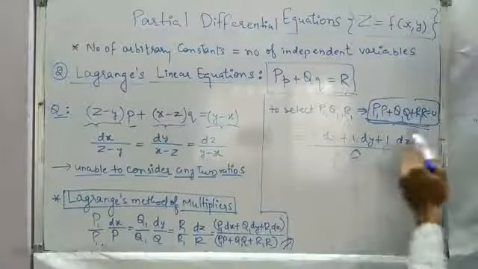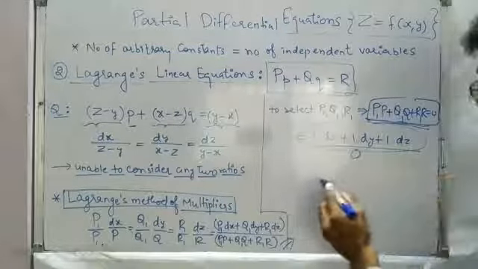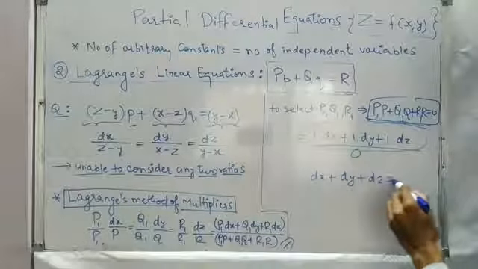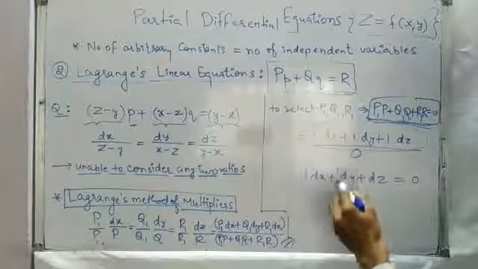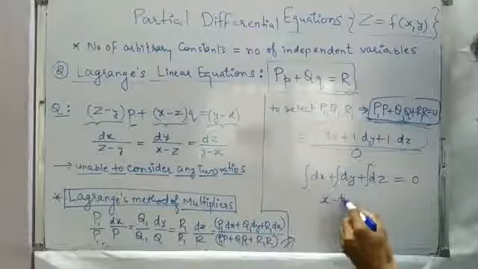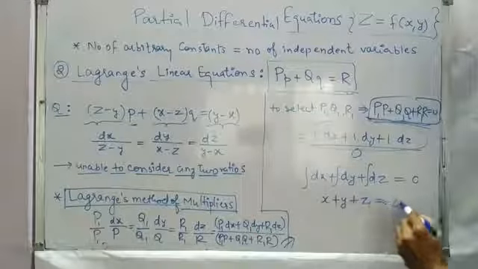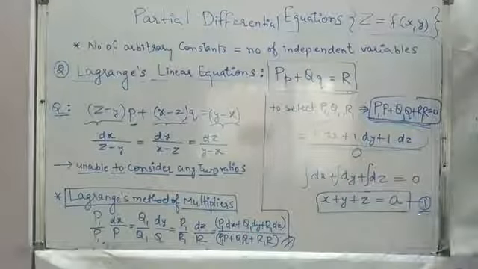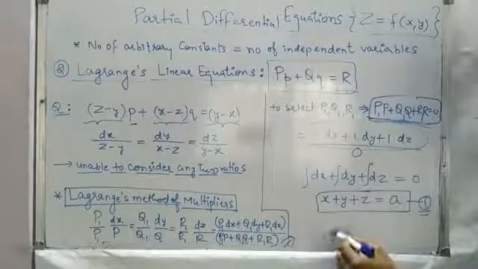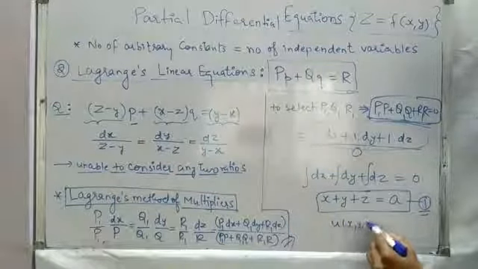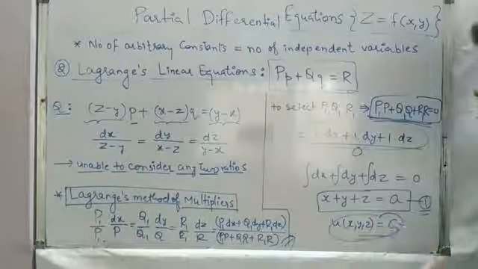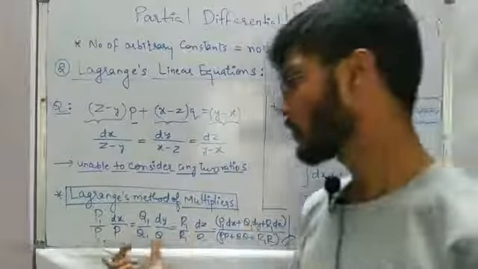Now we make use of the numerator and write dx plus dy plus dz is equal to 0, and integrate both sides. We get x plus y plus z is equal to one arbitrary constant, which we call a. So this is nothing but u of x, y, z is equal to c1. So we have one function u now, and again we have to follow the same procedure.